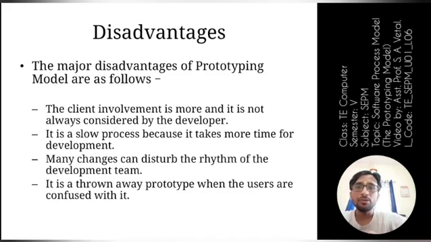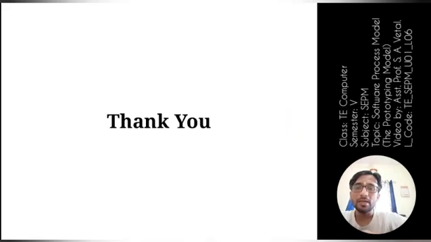Sometimes due to the many suggestions of the user, the user may get confused by the prototype. At that time, the prototype can be thrown away. So these are some of the disadvantages of the prototyping model. So in today's lecture, we have discussed the prototyping model.